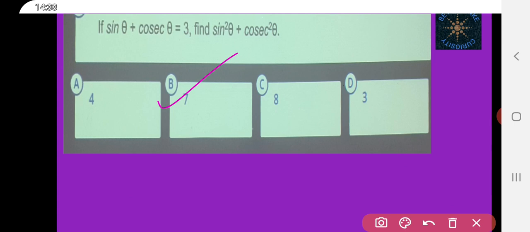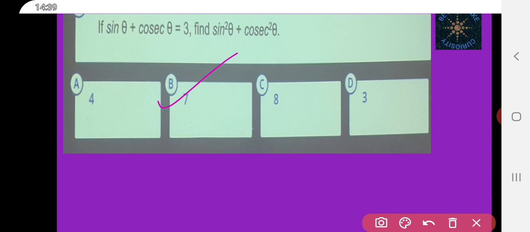What you do is, first square both sides and apply the a plus b whole square formula for the left side, then you get a square plus b square plus 2ab. And right side you get 3 square, that is 9.